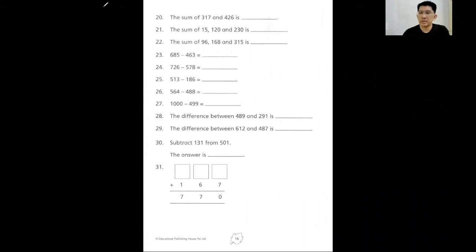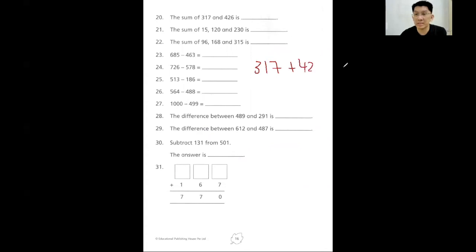As usual, I'm going to use this space here to write down number 20. The sum means the addition of these two numbers. So you can write down this question as 317 plus 426.